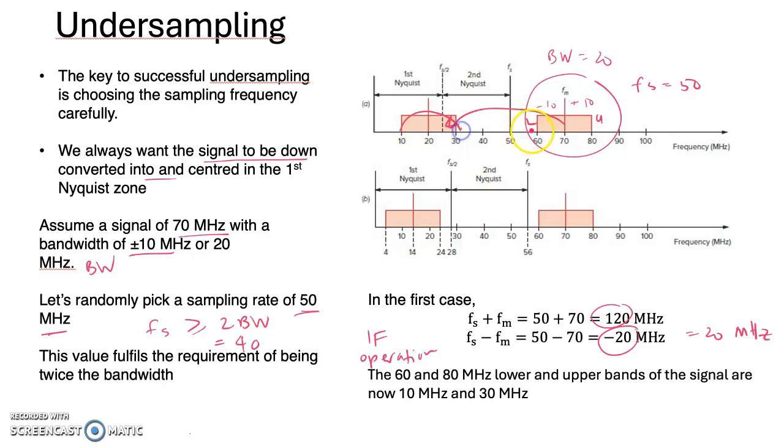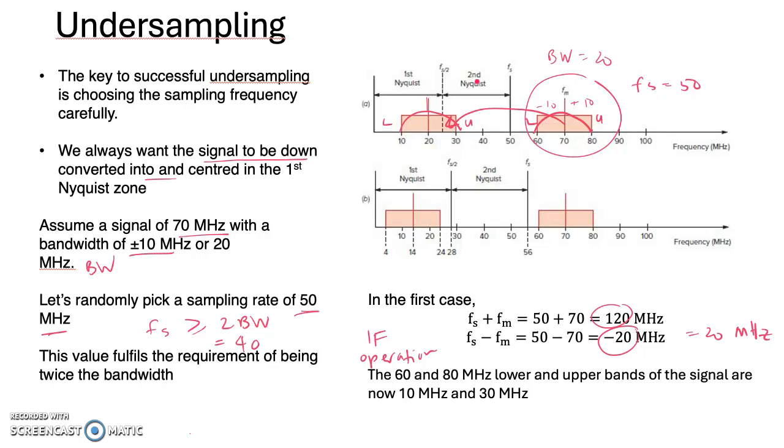So this forms our signal. We have our upper and lower down converted. We have our Fm also down converted into almost the first Nyquist zone, which tells us the sampling is okay but not the best.